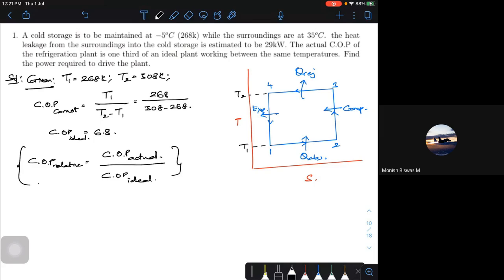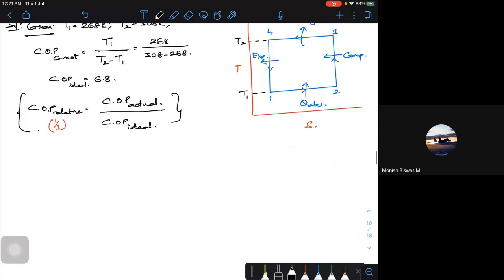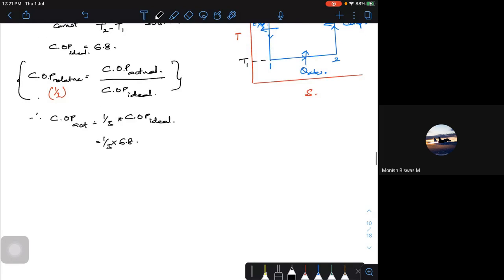So what will be your COP actual? Your COP actual is equal to 1/3 into COP ideal, that is 1/3 into 6.8. I am getting around 2.26.